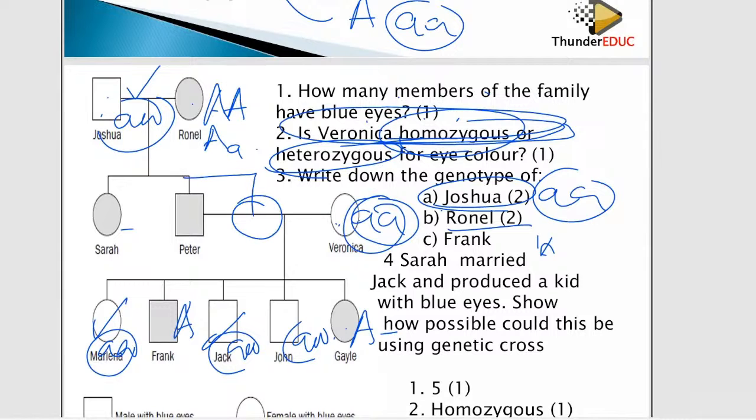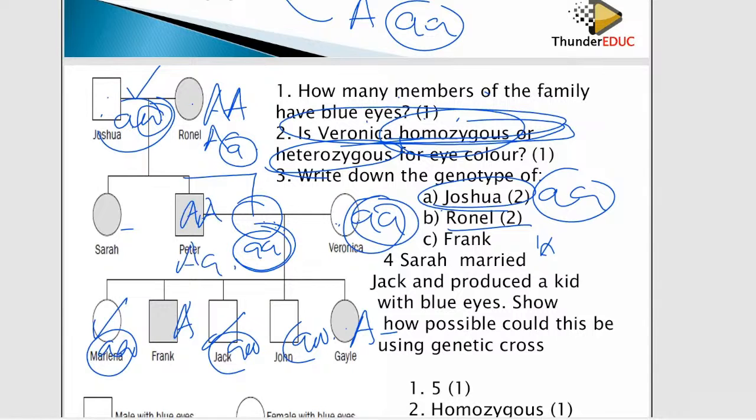That's when we would know that, since Joshua is small a, one of the people who is not shaded will be like this. So one small a would have come from there, another small a from there, then they combine to form this. But because we don't have anyone who is non-shaded, we cannot determine, because this one can be capital A, capital A, or capital A, small a.